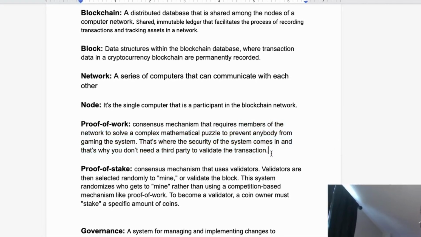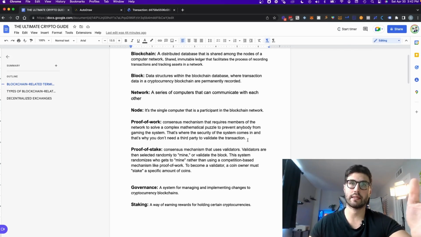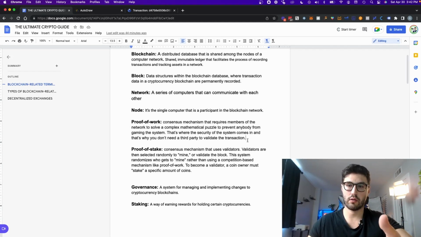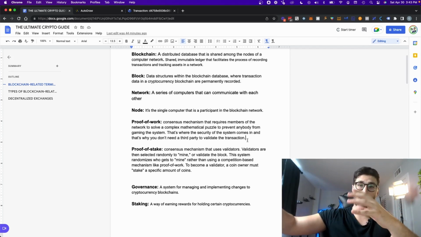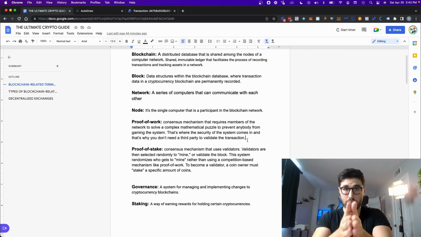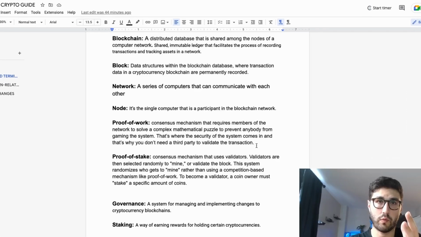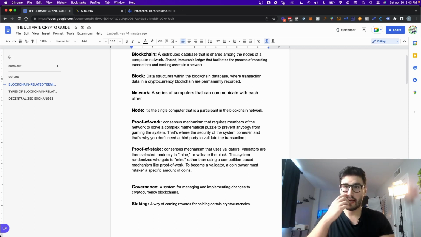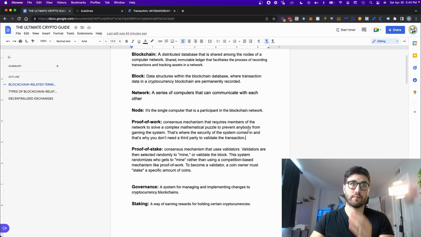Because if I want to send money to somebody else right now using the banking system, the bank needs to validate that transaction, and then that transaction gets pushed into their ledger, and then the other person receives money into their bank account. But there is a middleman. In blockchain, with proof of work, that does not happen, because it is the network and the software itself that validates that specific transaction.